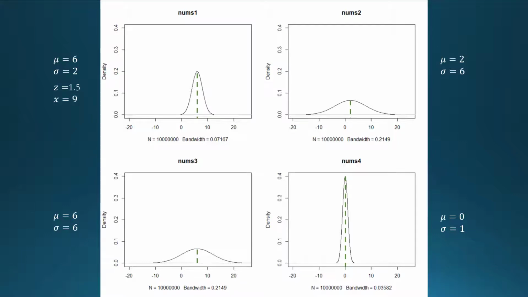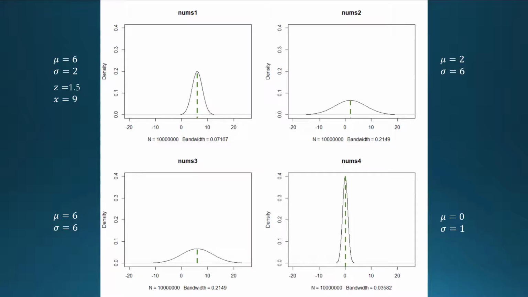How we got that is 6 plus 1.5 times 2, which is equal to 9. So if we want to find the area to the left of that z-score, then we need to find the area to the left of 9. We put 9 into R, and I'll do that in just a second, but that's what we're using. So the value of x in this case would be 9.